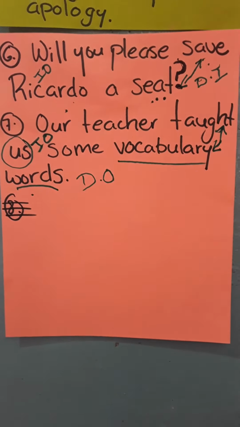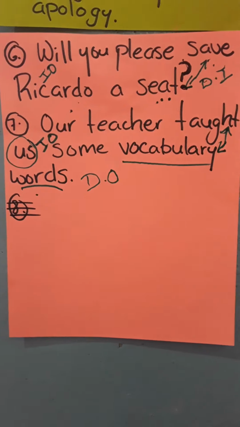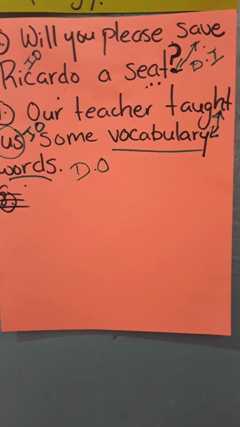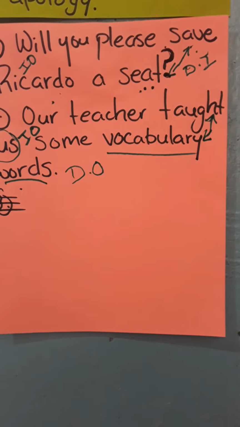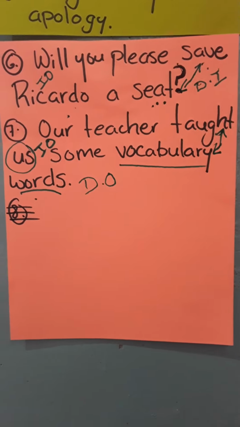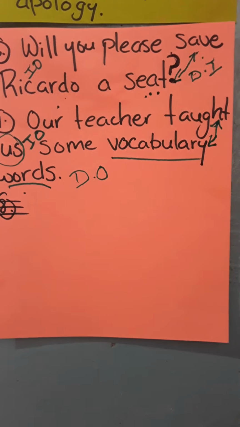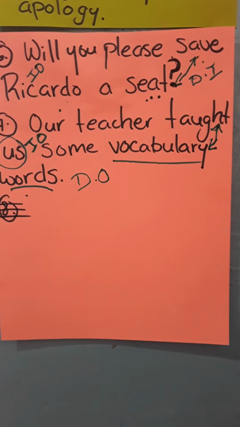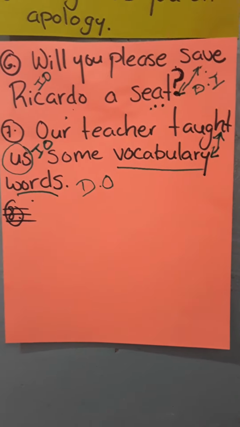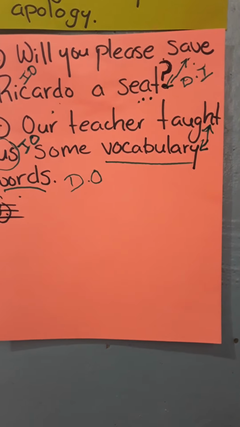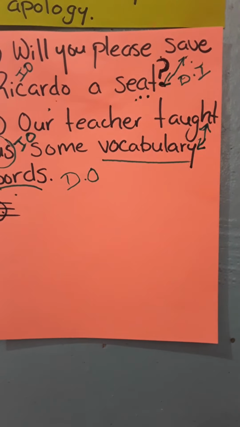But once you begin, you have to start with identifying your subject, your verb, then try to identify the direct object. Keep in mind that some sentences only contain the direct object, and if it contains just the direct object, then that means it's correct.